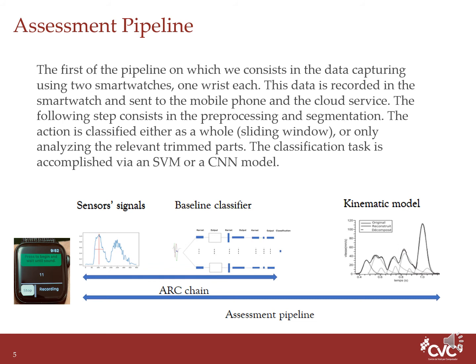The outcome of the baseline classifier is to determine the K movement. The activity recognition chain is a part of a larger assessment pipeline that ends with the kinematic model. The kinematic model analyzes the movements and determines the patient's progress.